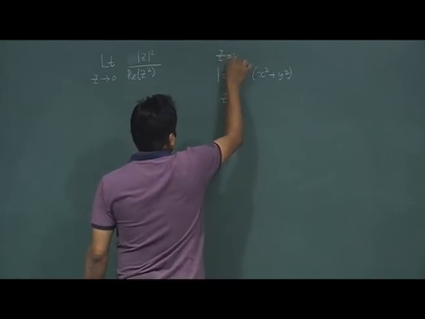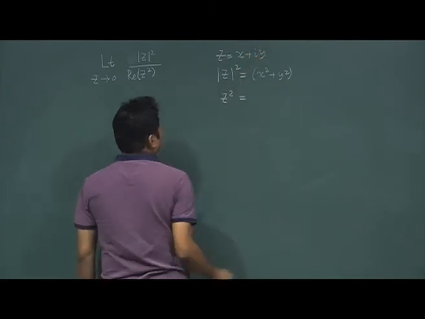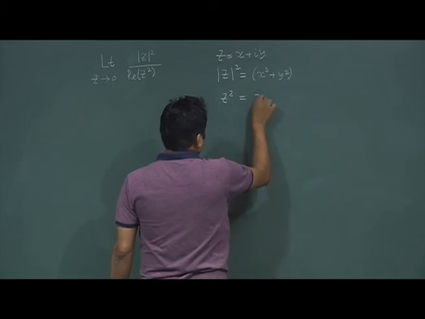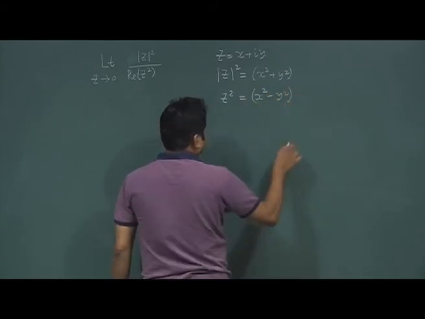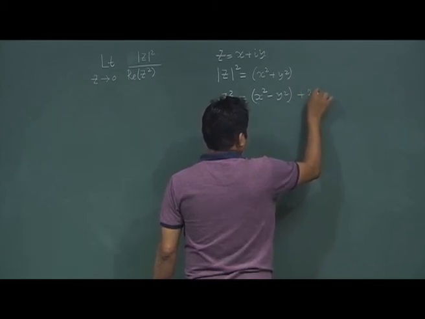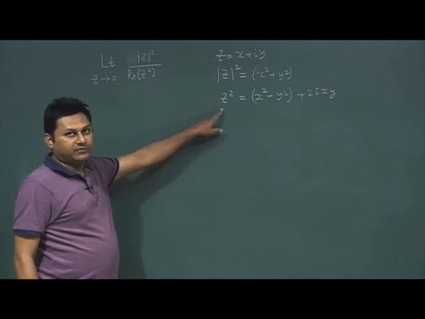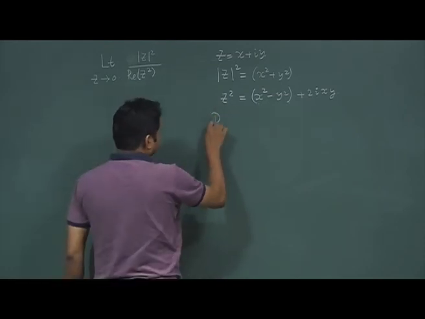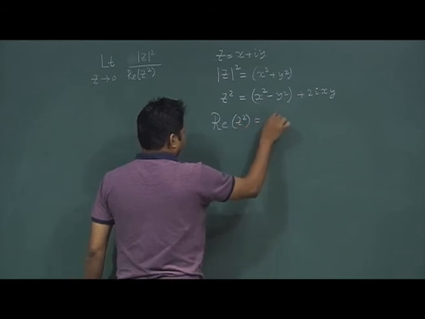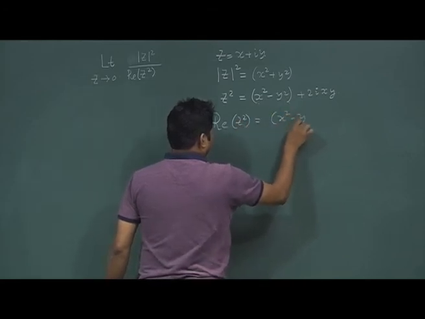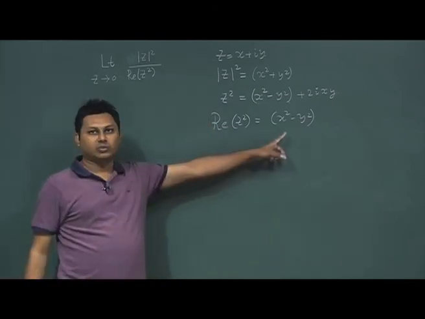Mind it, z is x + iy. z^2 is x^2 - y^2 + 2ixy. When I say real part of z^2, it is x^2 - y^2, this quantity.